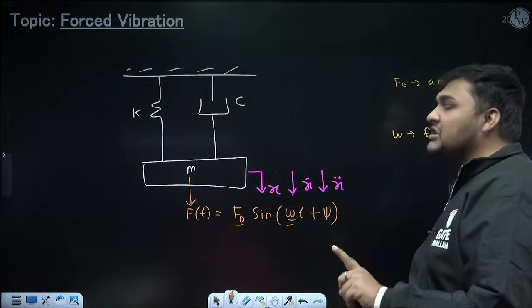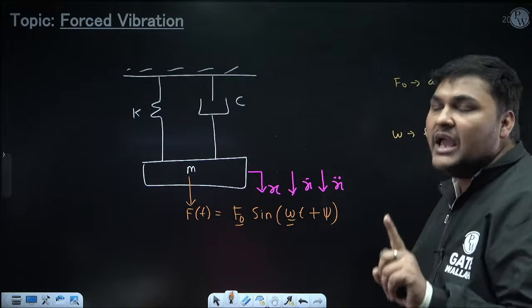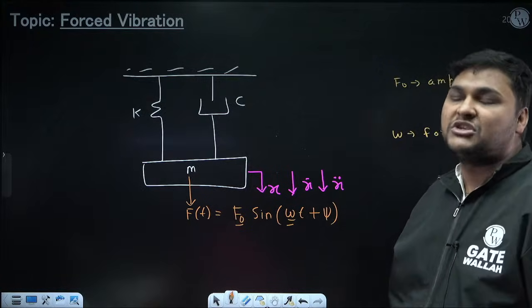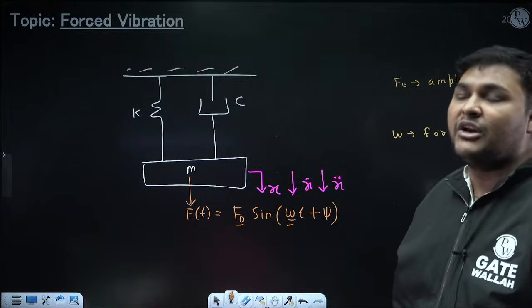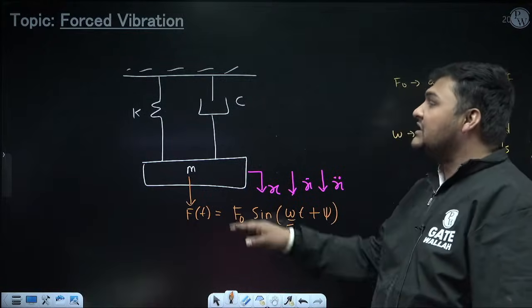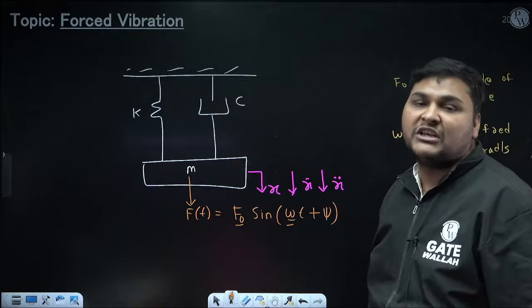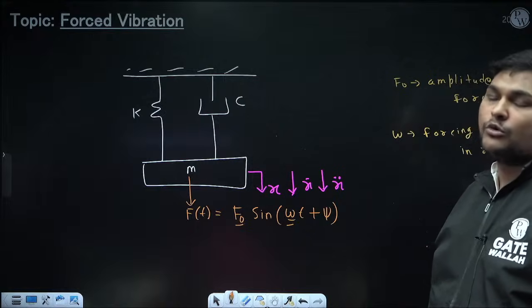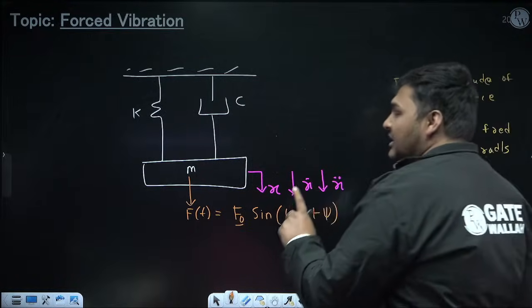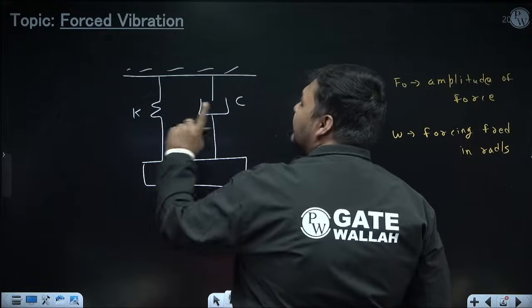This means restoration is occurring only due to stiffness. While considering restoration, neither will I consider weight nor the static deflection of the spring due to weight, because they cancel each other's effect.